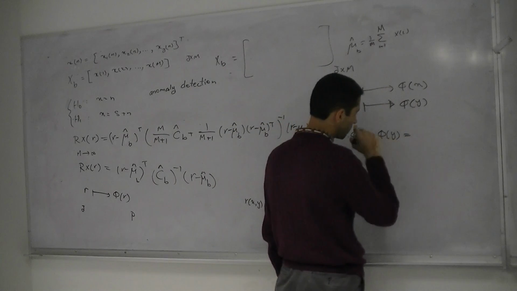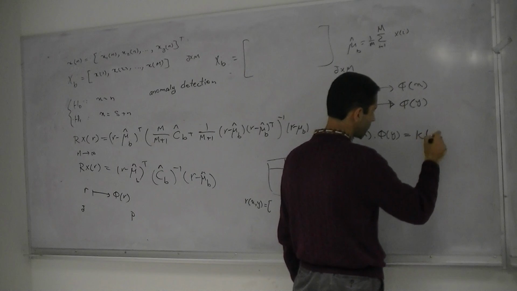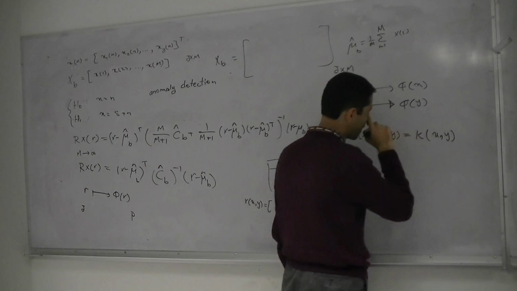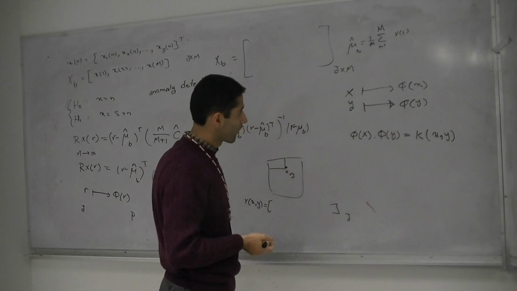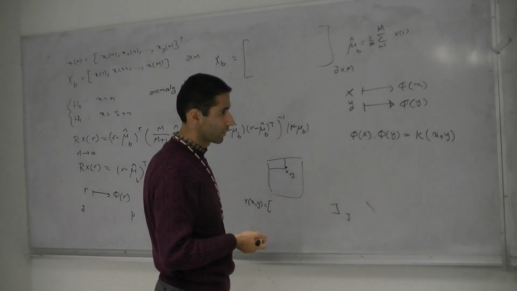But it can be equal to using a kernel function between x and y. Phi transpose x, you mean the dot product? Yeah, the dot product.